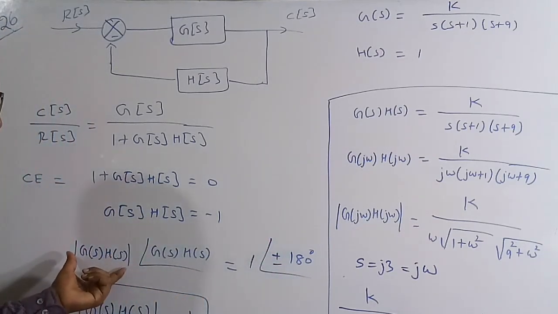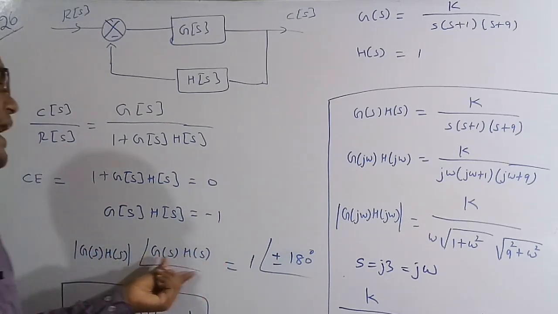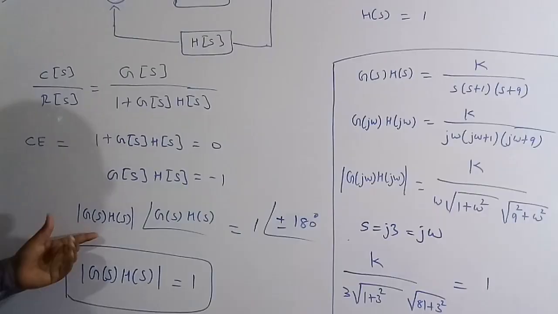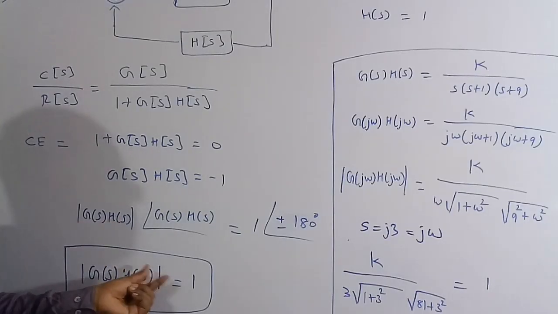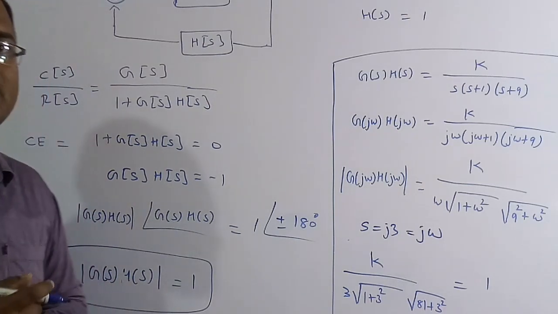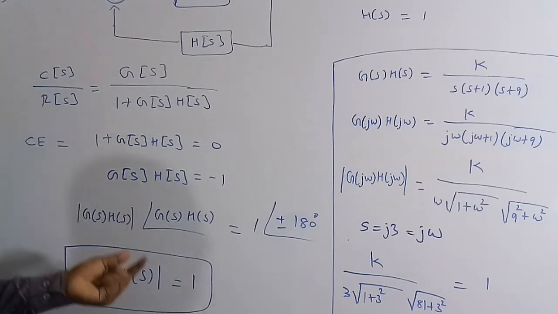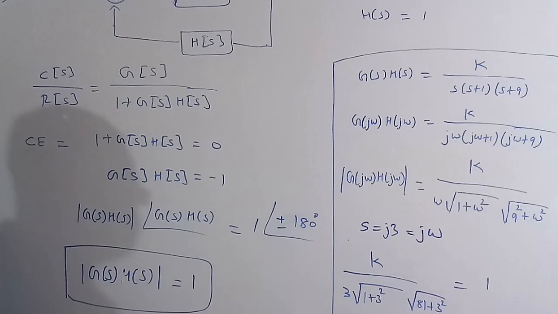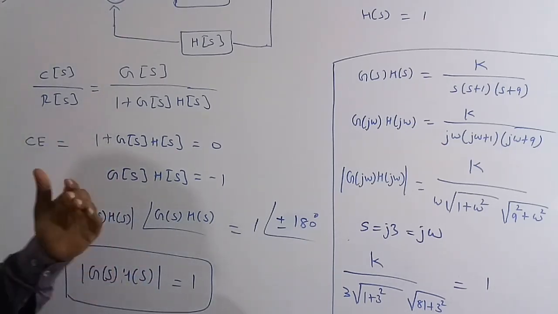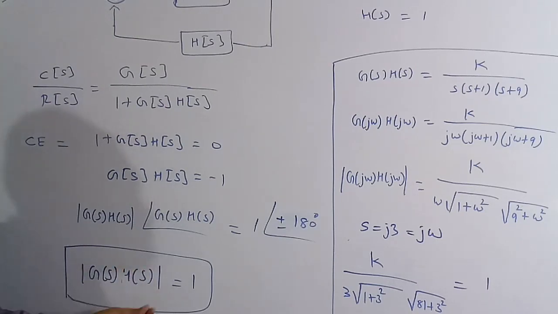I am going to equate the magnitude part and also the angle part. I want only the magnitude part. So the magnitude of G(s)H(s) is equal to 1. Therefore if any point is going to lie on the root locus, then that point has to satisfy this magnitude value. The magnitude of G(s)H(s) at that particular point, if any point is on the root locus, has to satisfy this property.